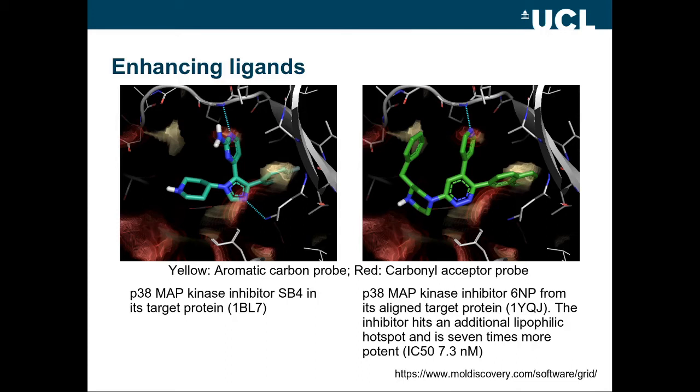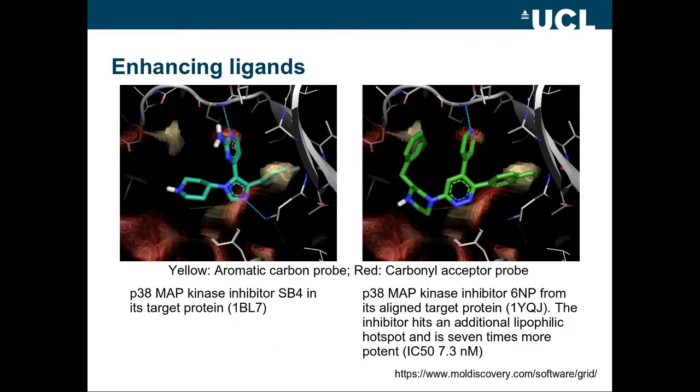So what we see on the left here is an image from the latest version of GRID, and what we're seeing with these little kind of clouds is positions where particular probe groups would like to be. So in yellow we have sites where an aromatic carbon would like to be, and in red we have sites where a carbonyl oxygen, which is going to be an acceptor of hydrogen bonding, would like to be.